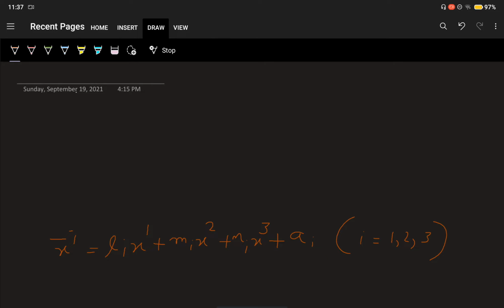Now for the orthogonal transformation coordinate system, the AB vector coordinate is z bar i equal to x bar i minus y bar i.